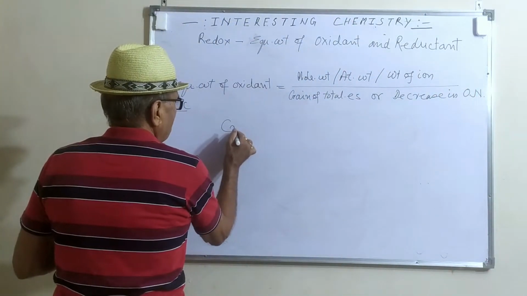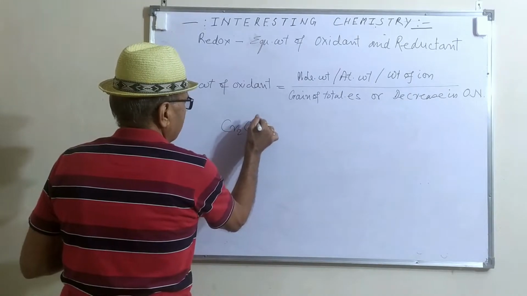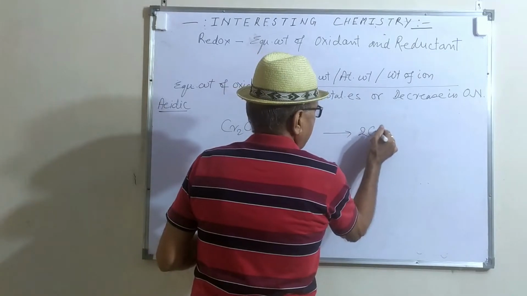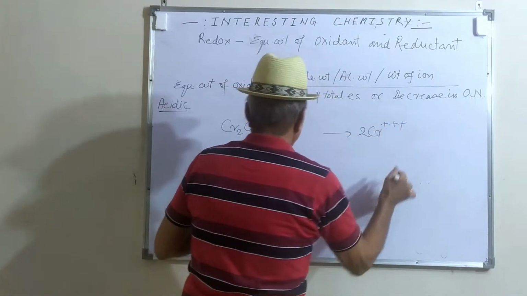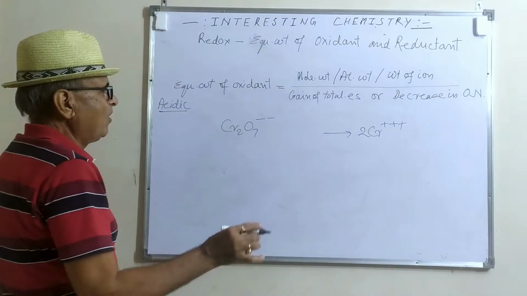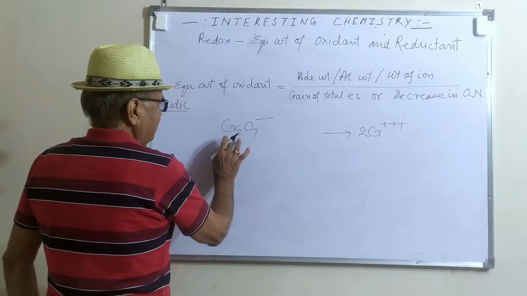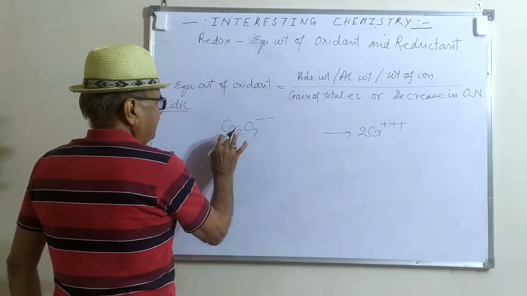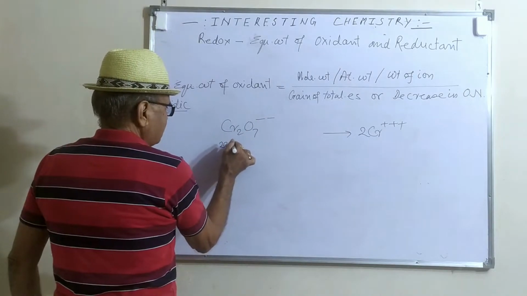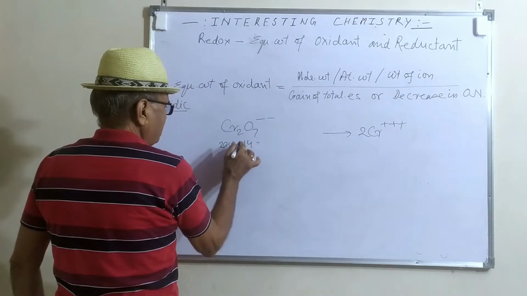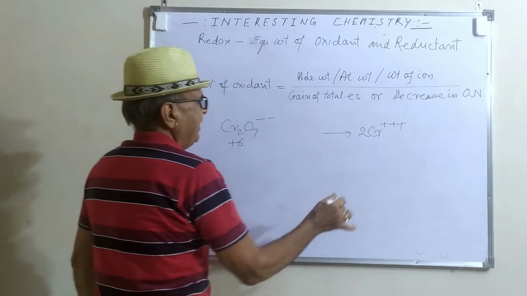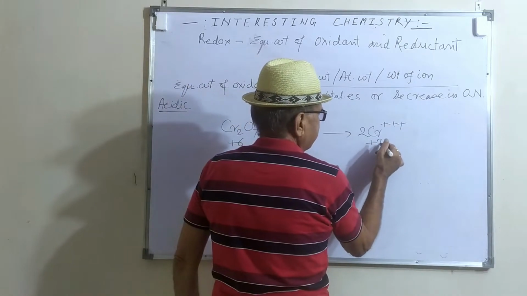You should know this equation: Cr2O7 double negative goes to 2Cr triple positive. So calculate the oxidation number of chromium. Here 2x minus 14 is equal to 0, so x is +6, and here +3.